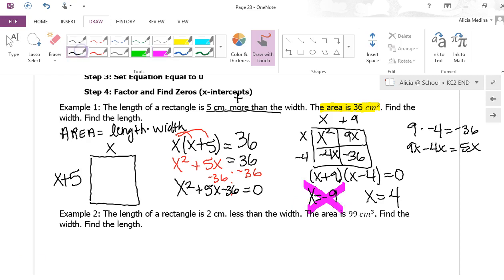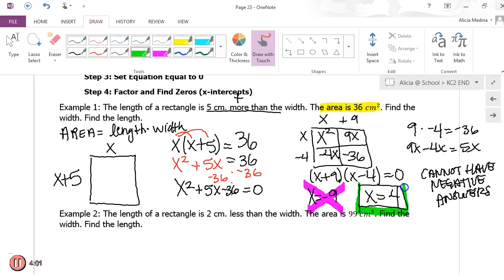If you want to write that for yourself, you can. I'm going to go ahead and box that my answer is only x equals 4, because we cannot have negative answers. So only take that positive, and then we are going to substitute it in to figure out what my length and my width is.